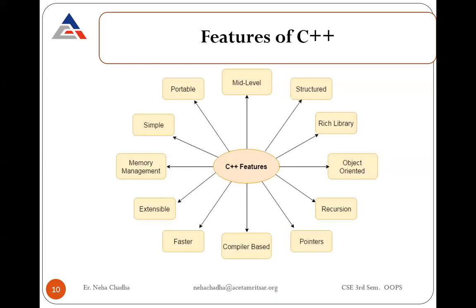C++ is object-oriented, as we have studied so many features of the object-oriented like inheritance, data hiding, data encapsulation. All these features are available in C++. Compiler based, C++ is compiler based. It means without compilation, no C++ program can be executed. First, you have to compile your program, then only you can execute it.